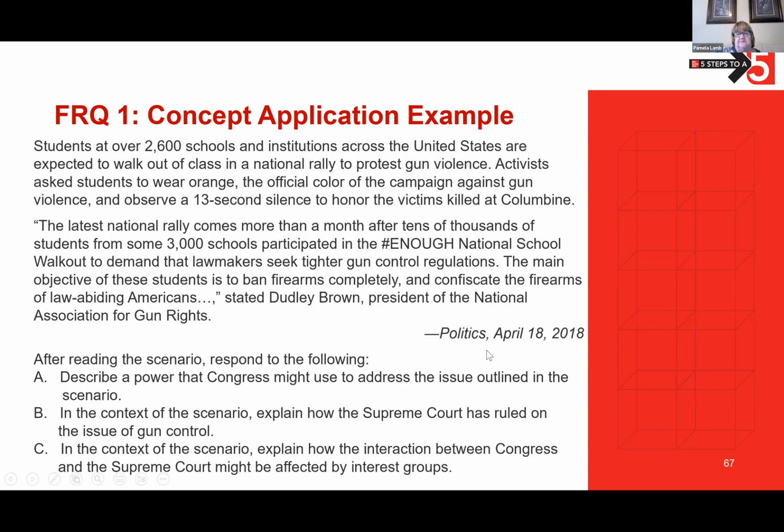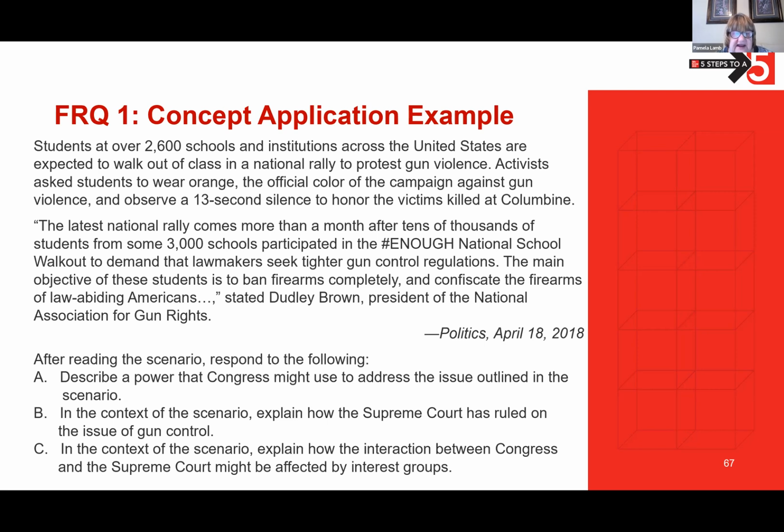Here's an example: students at over 2,600 schools and institutions across the United States are expected to walk out of class in a national rally to protest gun violence. Activists asked students to wear orange, the official color of the campaign against gun violence, and observe 13 seconds of silence in order to honor victims like those killed at Columbine, or even more recent examples.